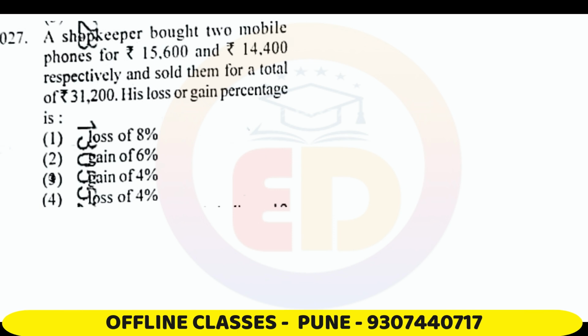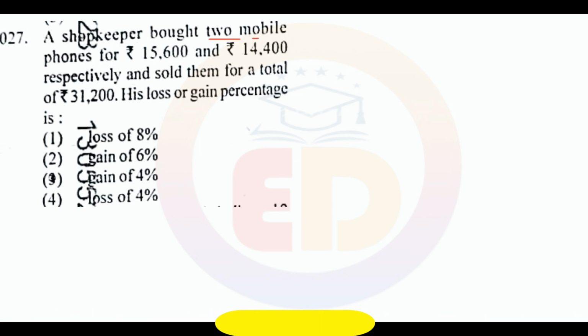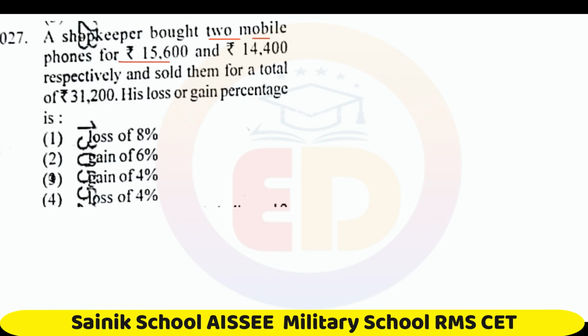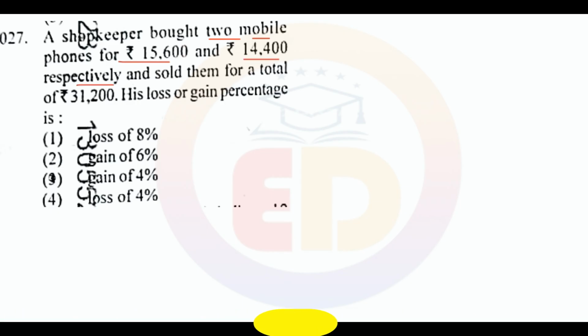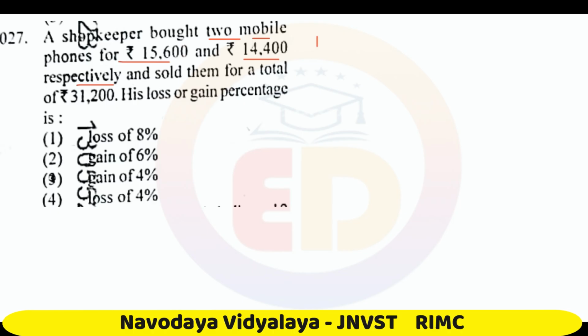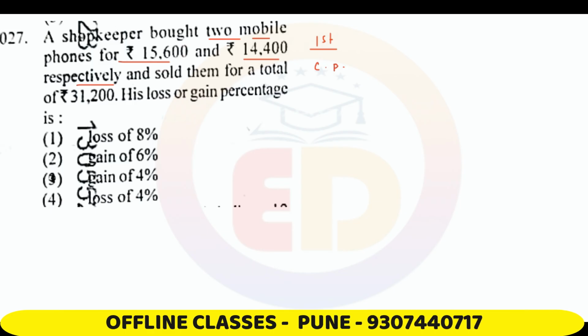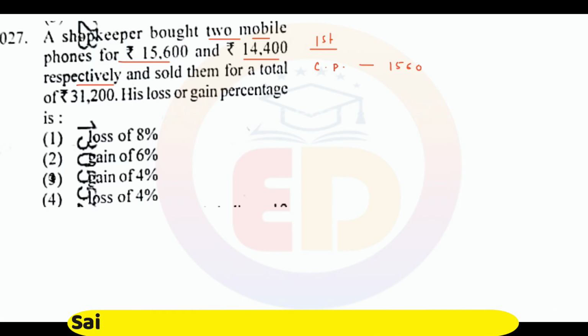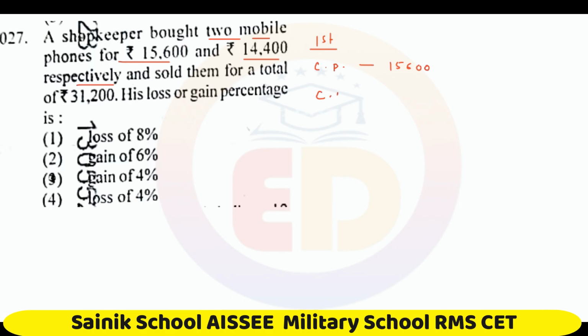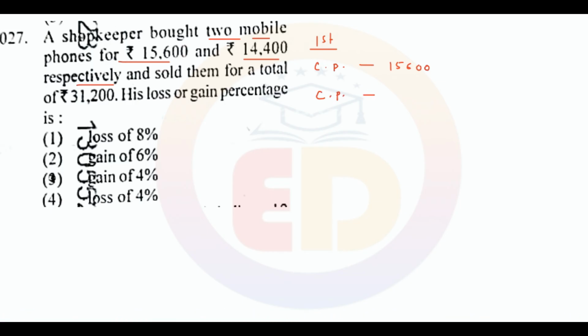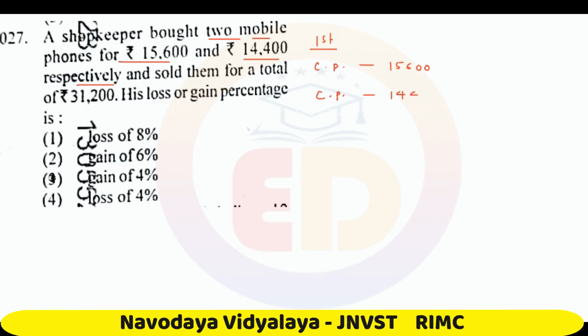Question number 27. A shopkeeper bought 2 mobile phones for 15,600 and 14,400 respectively. So let us assume the first mobile phone bought means it is the CP. CP of the first mobile phone is 15,600 and the CP, cost price, of the second mobile phone is 14,400.